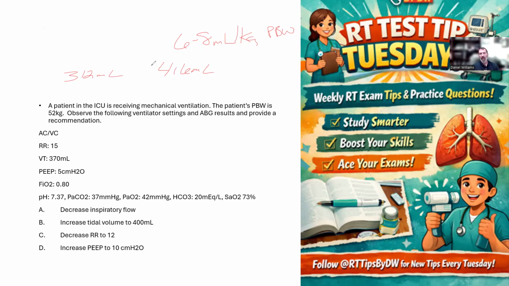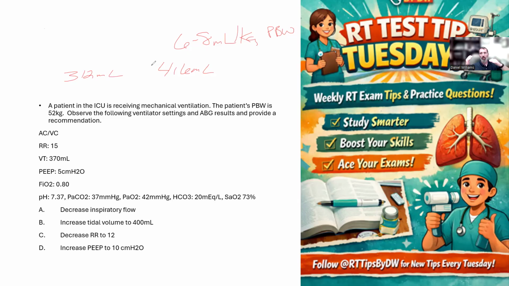I see that I have a PEEP of 5 and an FiO2 of 80%. Based upon everything that we've gone over and taught, typically when we think about PEEP and FiO2, I'm already in the mindset of thinking, well, I've got a higher FiO2.